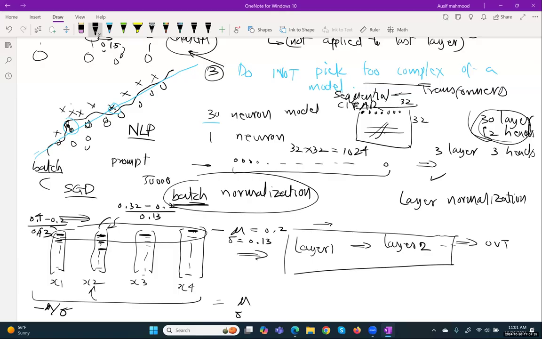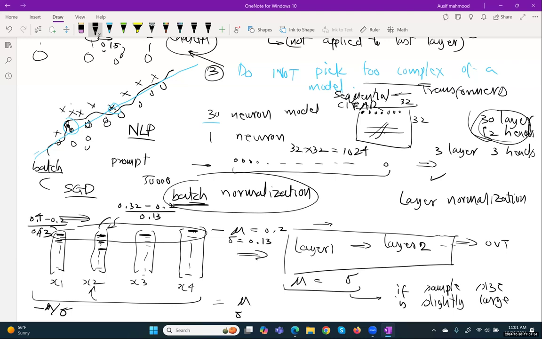Anytime you are taking a mean of the data and dividing by the standard deviation, this technique works best, statistically speaking, if the sample size is slightly large. Meaning, if you had a batch size of 4, the problem is 4 is too small.